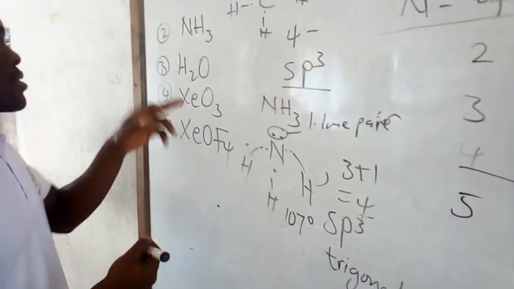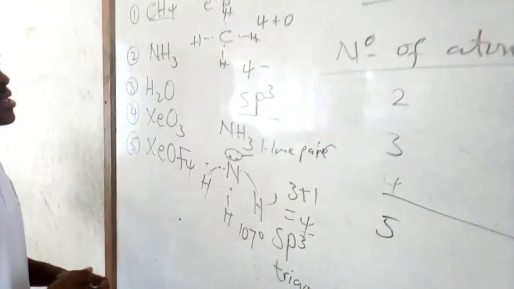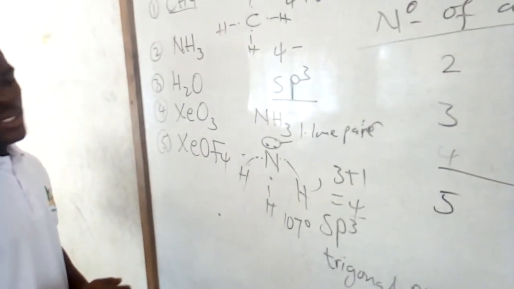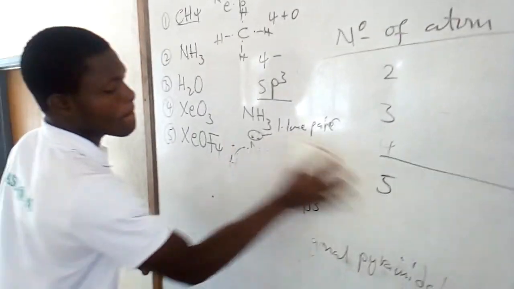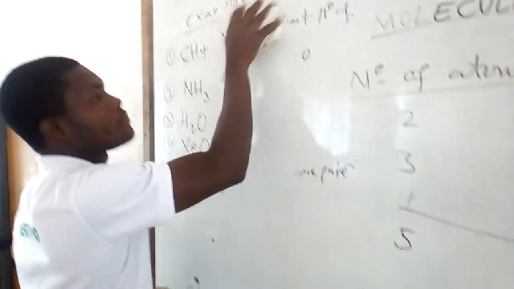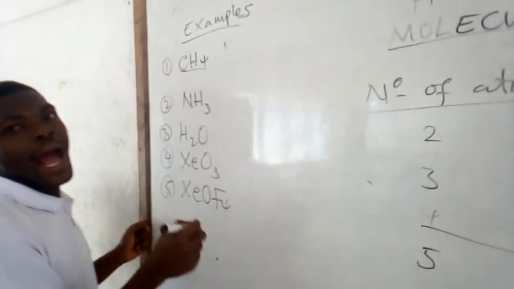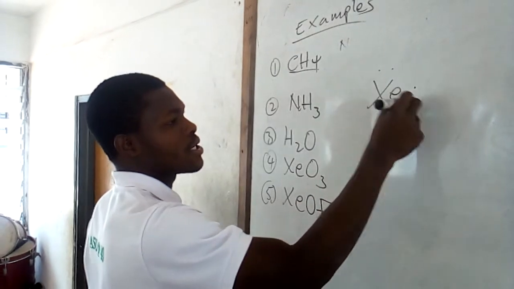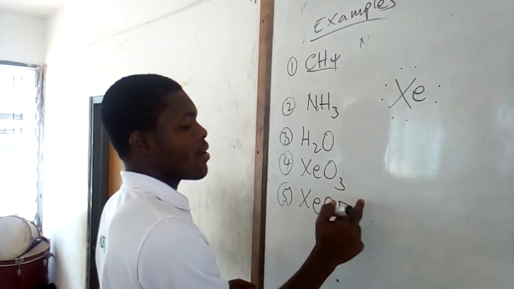Okay, let's consider xenon with 3 oxygens sharing a bond with it. Xenon is part of the noble gases, so it has 8 valence electrons. There are 3 oxygens.